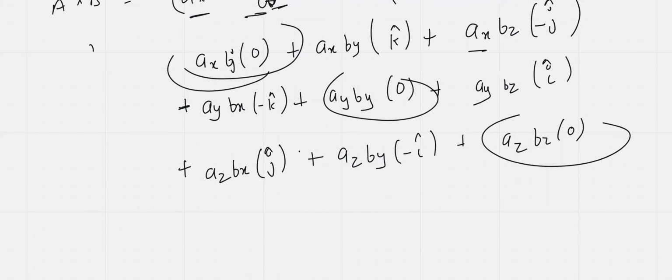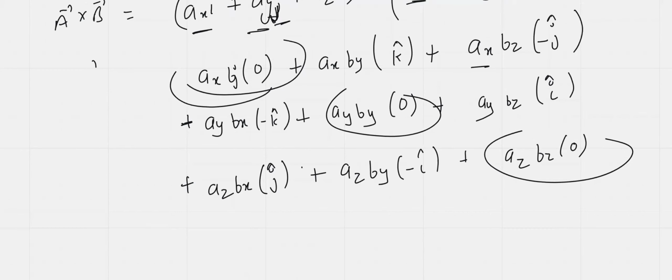Okay, so I can simply go and collect all I together, J together, K together. So let's start with the I. I have this as I, A Y B Z. Okay, one more thing, let's go in a sequence. I have to put for I, right? I'm looking for I coordinate.